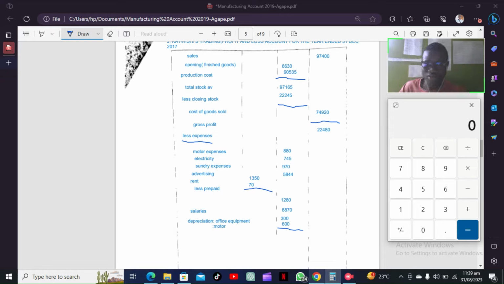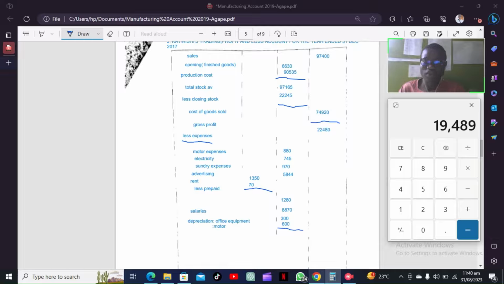So we start from the first entry that we entered on expenses, which was 880 plus 745 plus 970 plus 5,844 kwacha plus 1,280 plus 8,870 plus 300 plus 600.